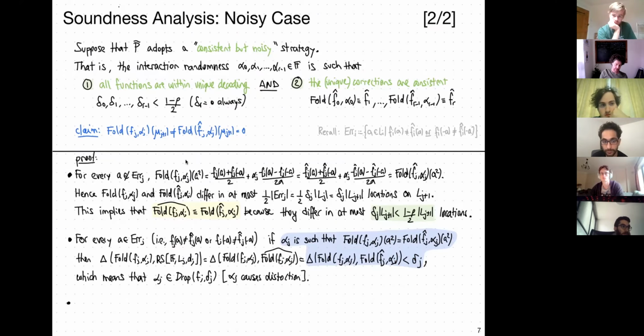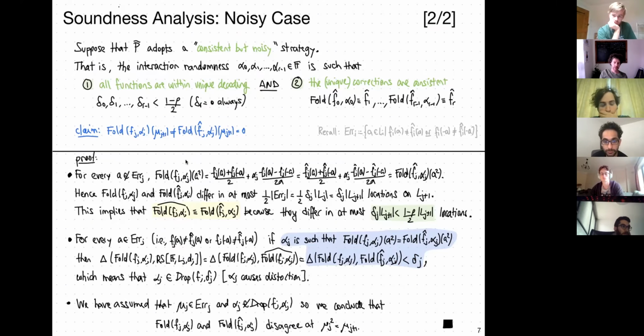And this means, and this is the last point here, that we assume that we have some mu element in the error set. And if it's not in the drop set, and we know that it is not in the drop set, then this cannot happen, and thus the folding of the function and the folding of this correction must disagree on that point.